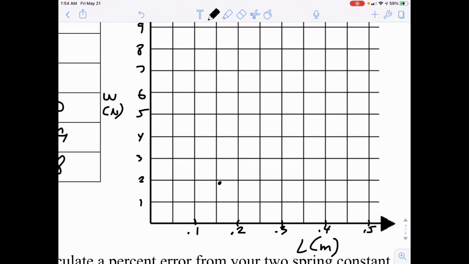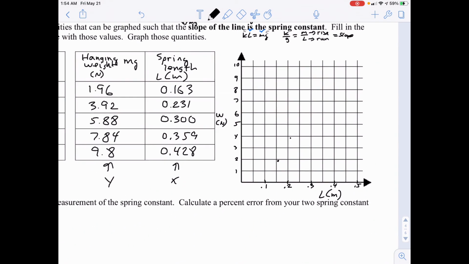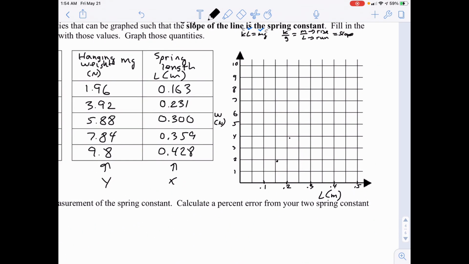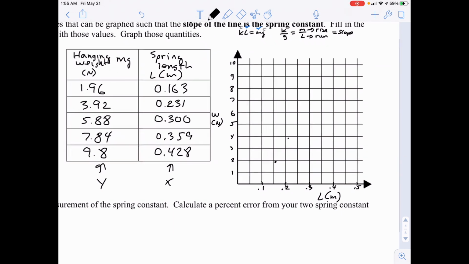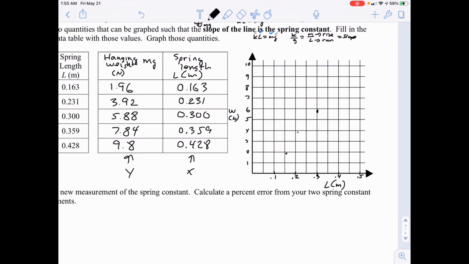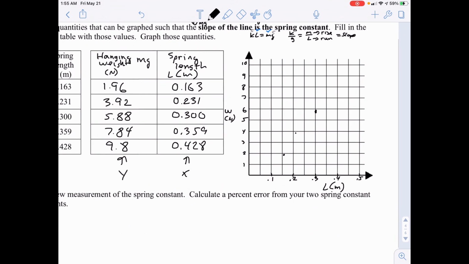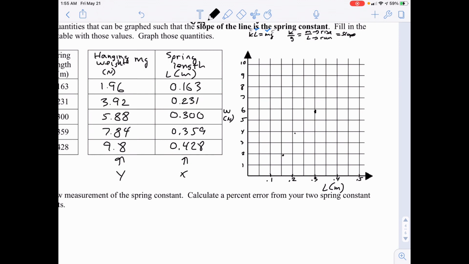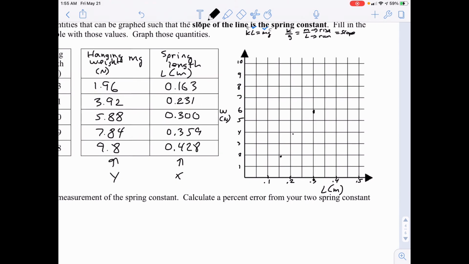Then we're going to go over 0.3 and up almost 6. Then we're going to go over about 0.35 and up almost 8.